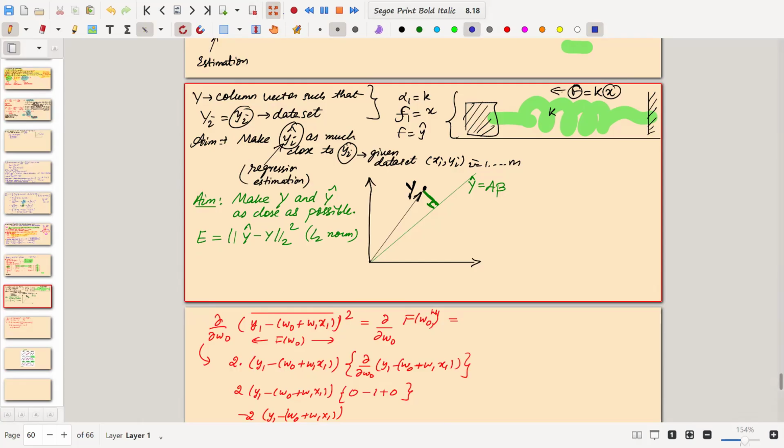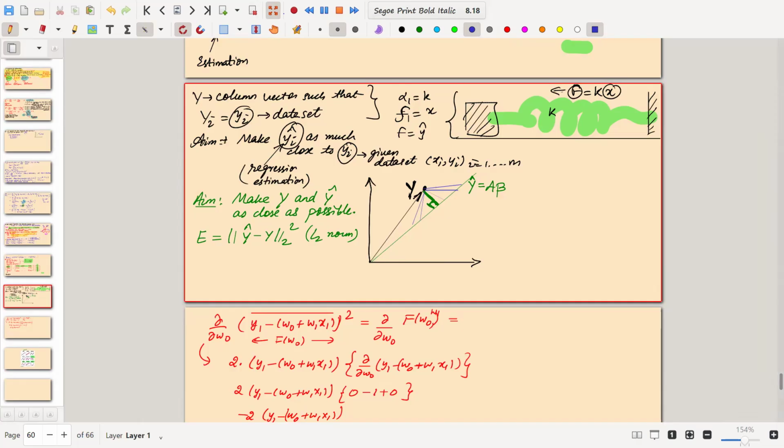Blue is greater than green, in every case. Only the perpendicular distance is the smallest distance between the given data y vector and the estimation function y cap.